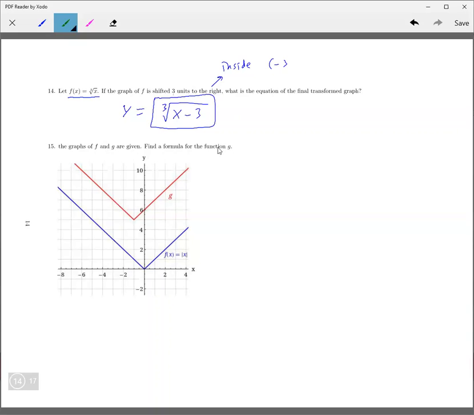Graphs of f and g are given. Find the formula for the function g. So this blue graph is y equals the absolute value of x. This has been shifted up by 4. No, up by 5, because this is 5. So that's been shifted up by 5, and then it's been shifted left by 1.